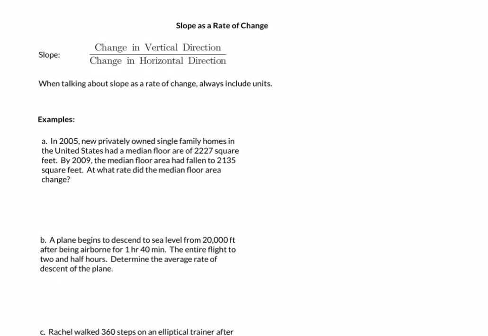We can also label these as the change in the dependent over the change in the independent. We'll go ahead and talk about what we mean by dependent and independent in a few minutes.